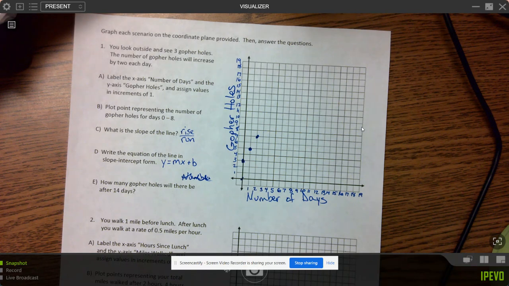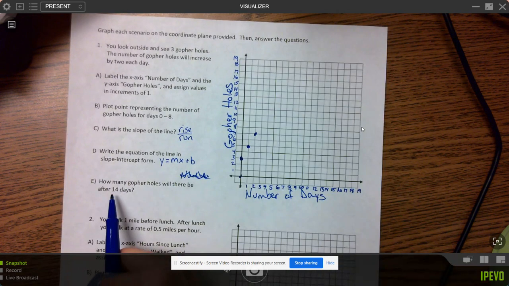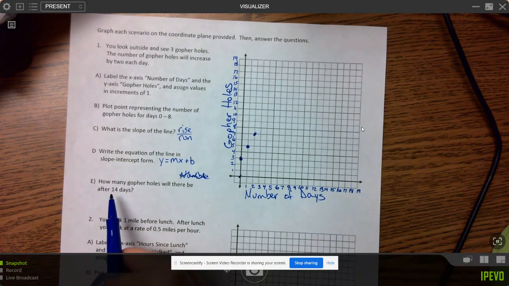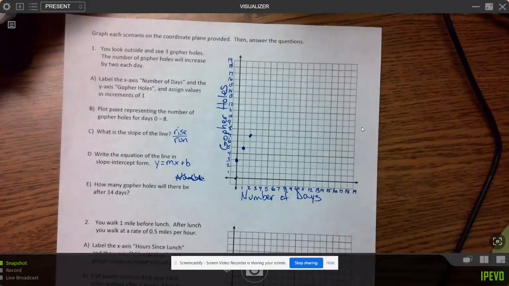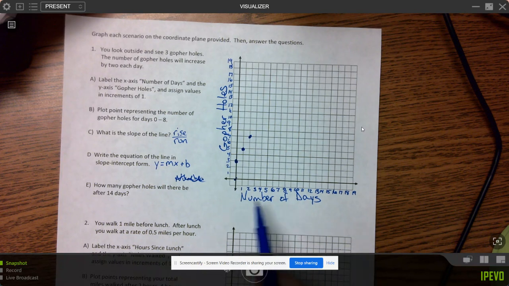And then E, how many gopher holes will there be after 14 days? So our days, number of days, what variable is that? I hear some people saying Y and some people saying X. Oh, it's X because it's on the X-axis.